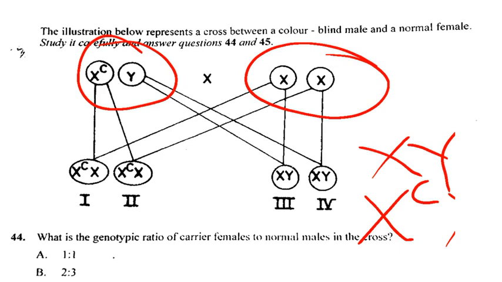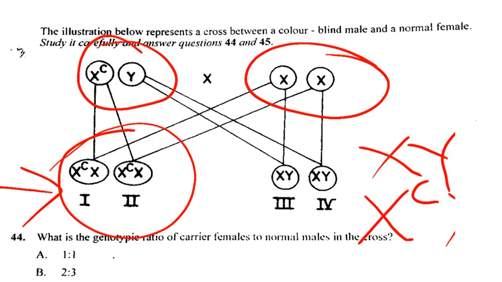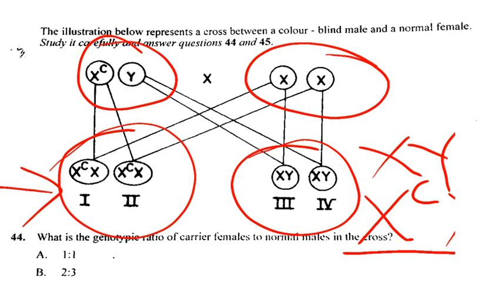In this cross, the two parents produce 4 offspring, and these here are the offspring. The offspring here are 2 females and 2 males. Like I mentioned, this is the genotype of an affected female. Therefore, these females here cannot be affected.